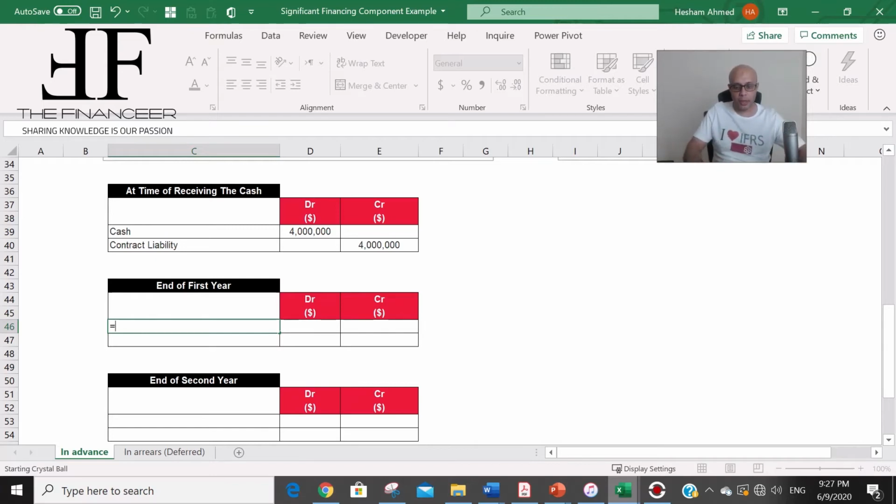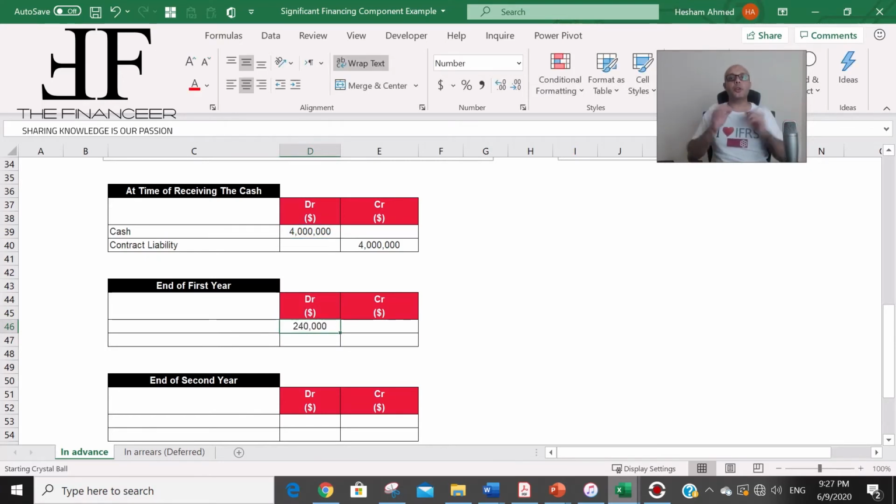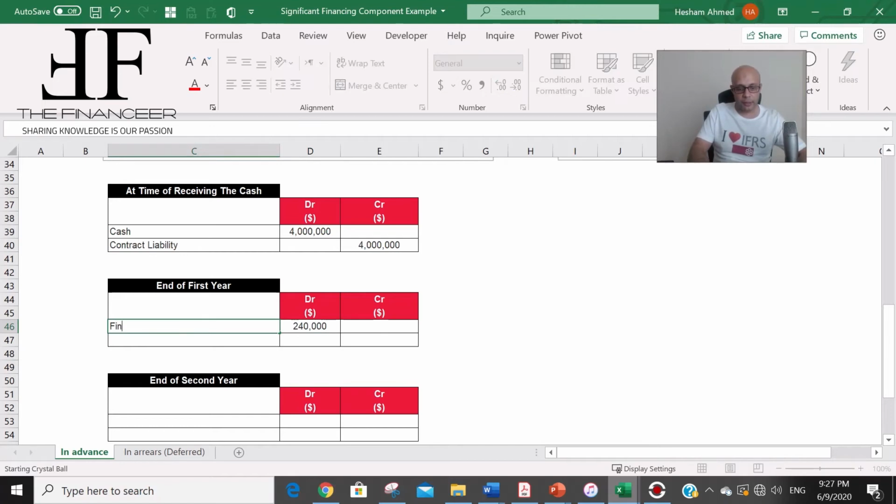So the company says here, this is 4 million. I'm going to multiply it by 6% in order to recognize the financing cost of the first year. So this will be the financing cost as an expense in the P&L. And effectively, this finance cost should increase the contract liability of the customer, of the contract.